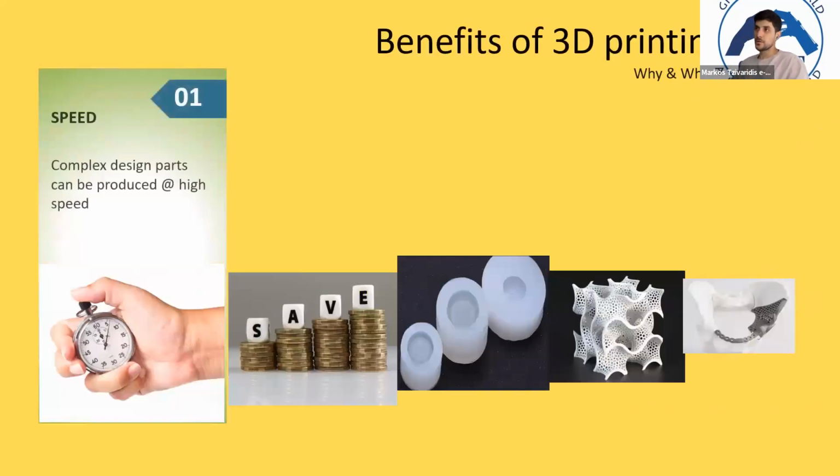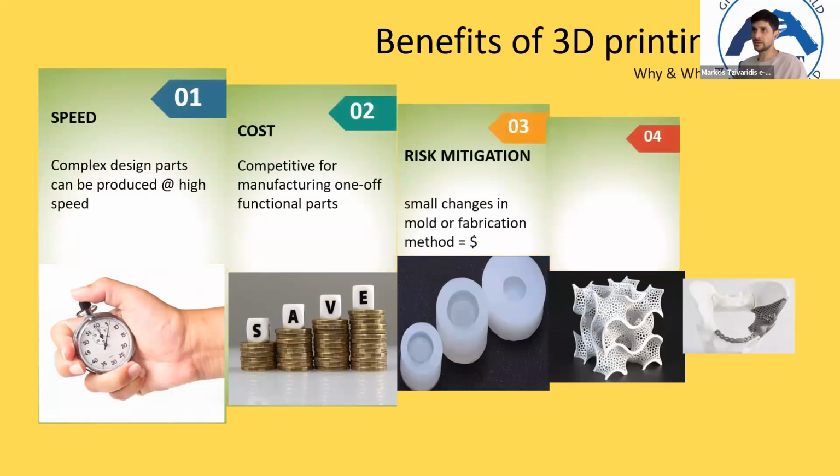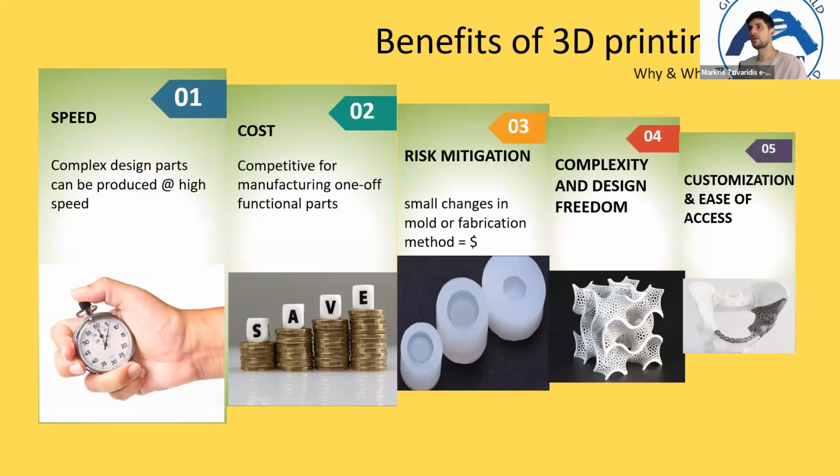Now, the benefits. Some of them I have already told you, for example the cost and the risk mitigation, but let's go through it fast. First of all, the speed, because compared to the other technologies, 3D printing is the fastest one, even for complicated designs, like the third one here, like the fourth one.